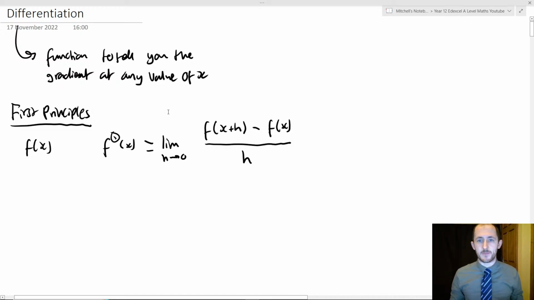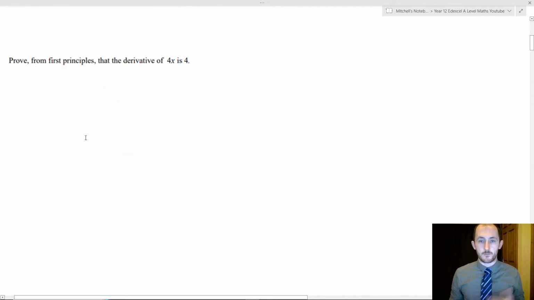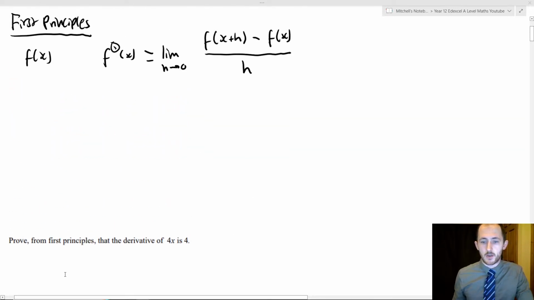That might seem a bit far-fetched, but if I give you some examples, I can show you how it's done. So prove from first principles that the derivative of f of x equals 4x is 4. We're going to use our little formula up above. When you differentiate, you find the derivative.